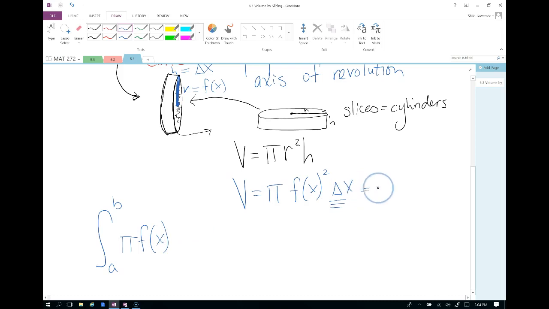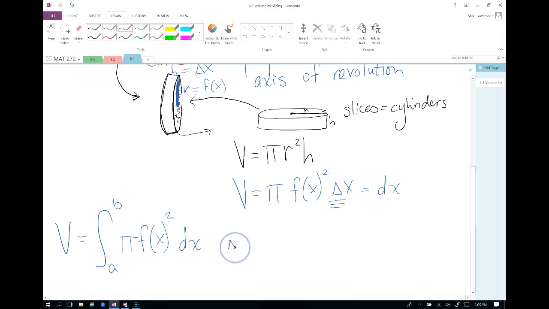And delta x is the same as dx when we start translating this to calculus. And what we want to calculate along those tiny little subintervals is pi times f of x squared. This is just our most basic general formula for volume by slicing.